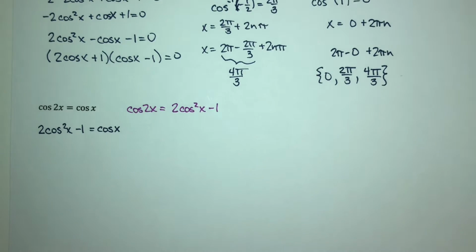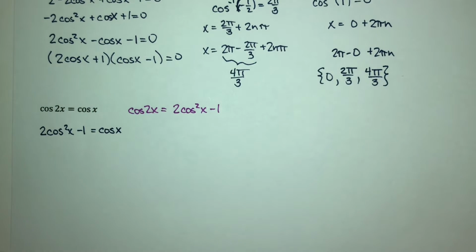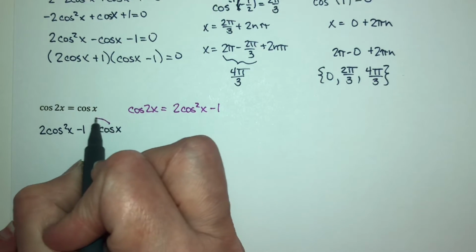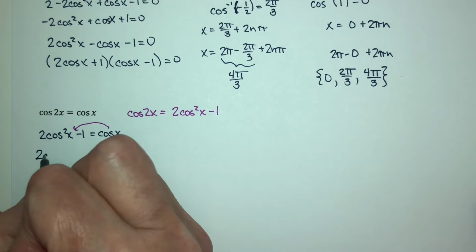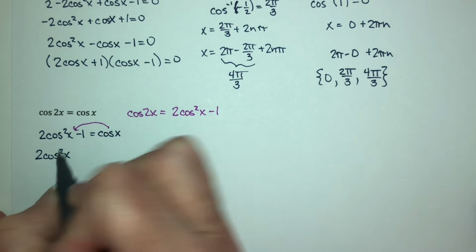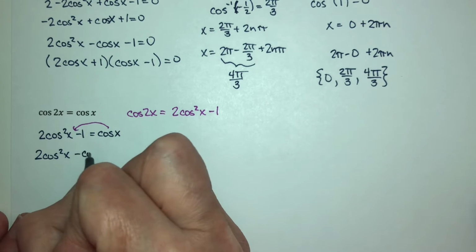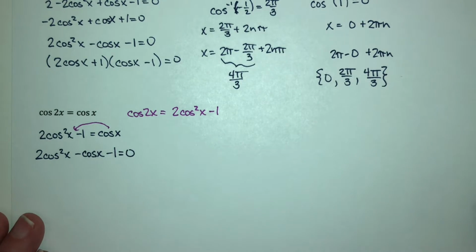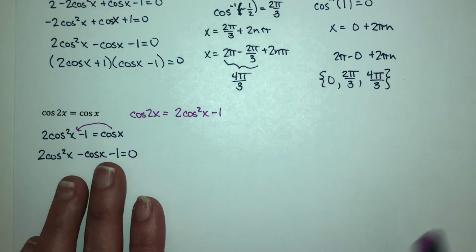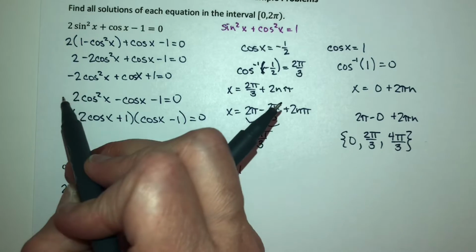Okay, well, since I have a square here, if I get a 0, I should be able to solve this. So I have 2 cosine squared of x minus cosine of x minus 1 equals 0. And this should look pretty darn familiar.